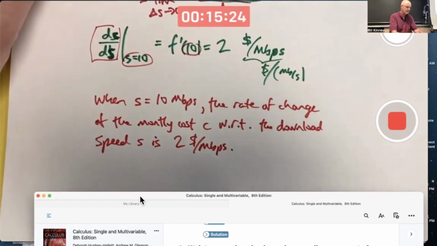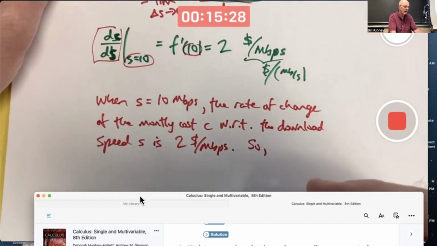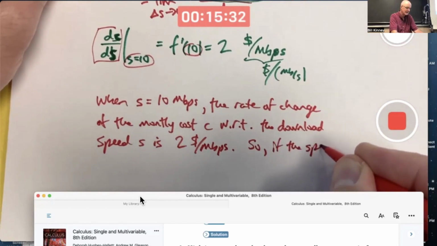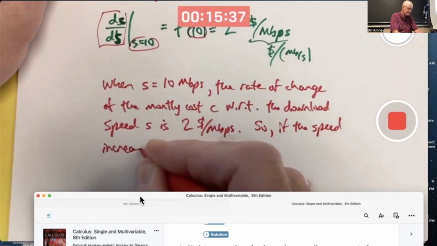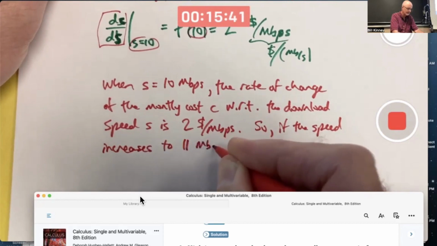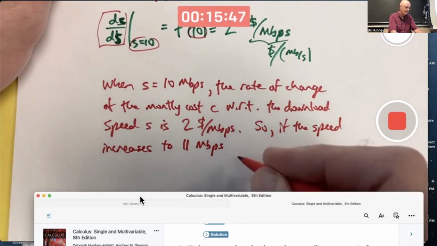But don't stop there. Say something like this. So if the download speed increases to 11 megabytes per second, you get a slightly better service by paying a little bit more.